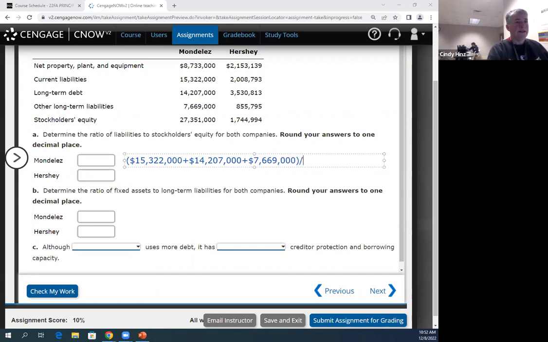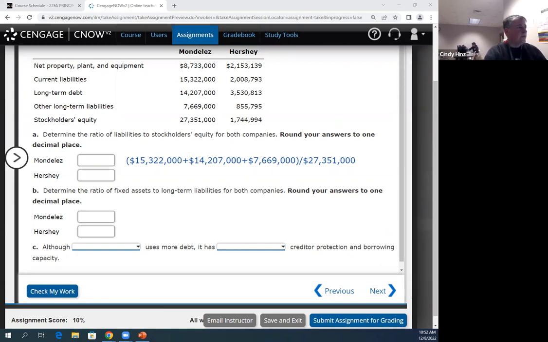And then we want to divide that by their total stockholders' equity. And we're asked to round to 1 decimal place.